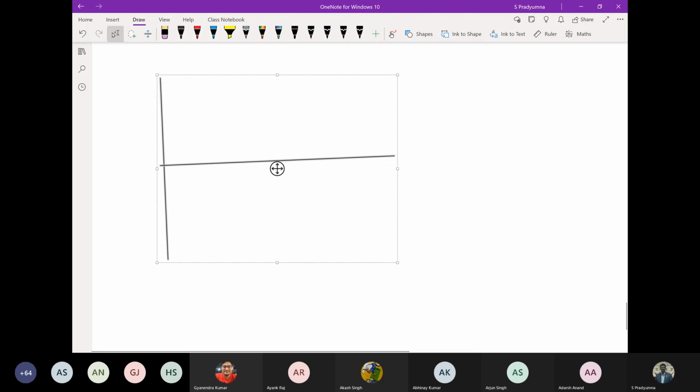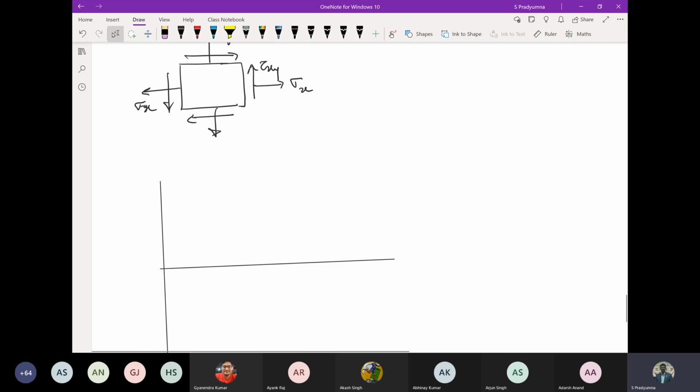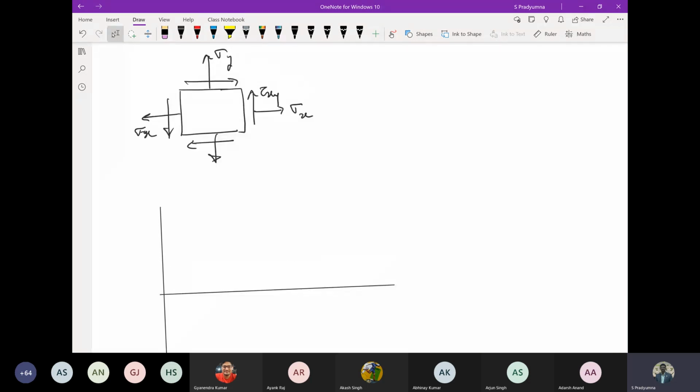In this, my first job is to find out where these sigma x, sigma y points are coming.